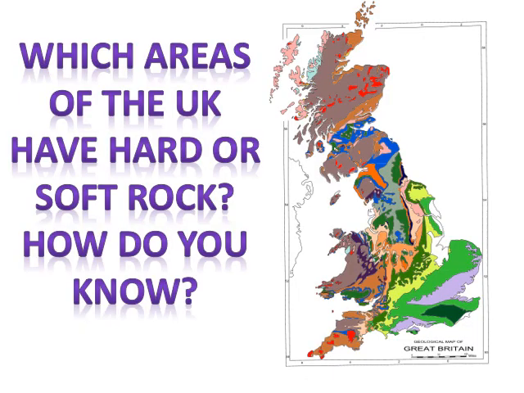Okay, so we've now got in front of us a map with lots of colours on it, which is a geology map. It shows the makeup of Great Britain in terms of the types of rocks that are found in the ground. On your map, what you now need to do is annotate, that is, add labels to your map to try to explain where you think there is hard rock and where you think there is soft rock.